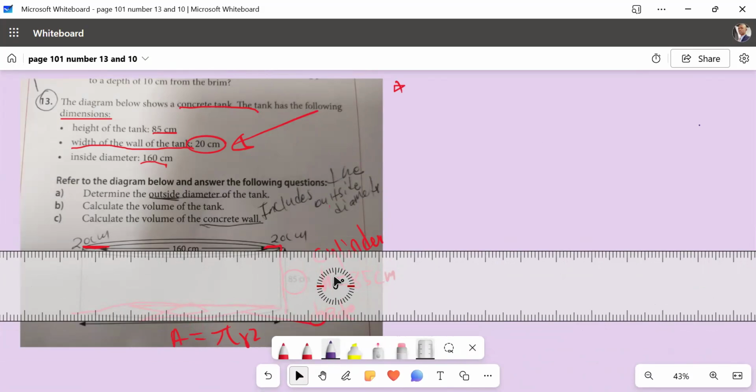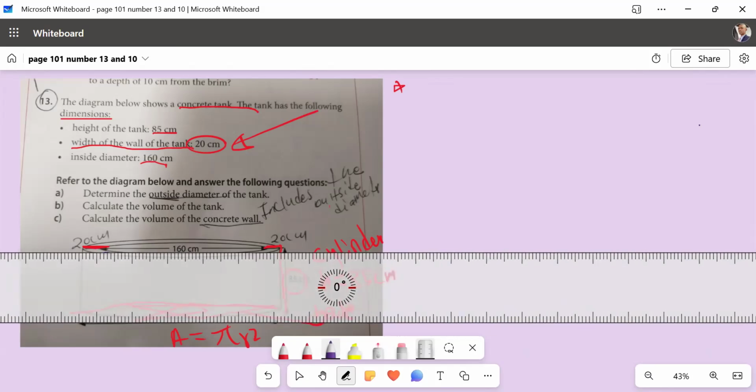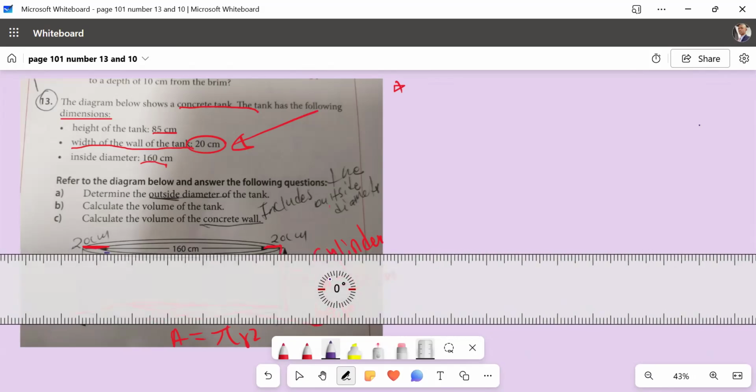I want to show you how we measure the 160. The 160 is the distance from this part here up to this part. So it's the distance here. You see that? That is actually 160.